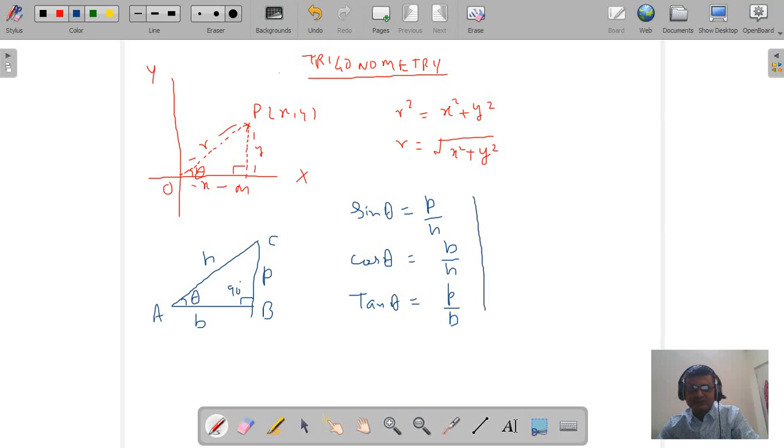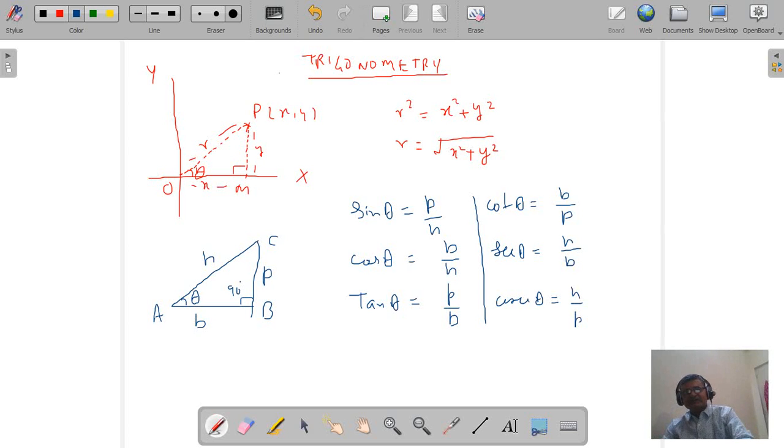Now we'll define cot theta. Cot theta is nothing but base upon perpendicular, and sec theta is defined as hypotenuse upon base, and cosec theta is defined as hypotenuse upon perpendicular.